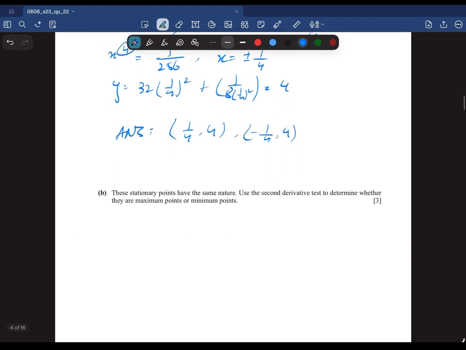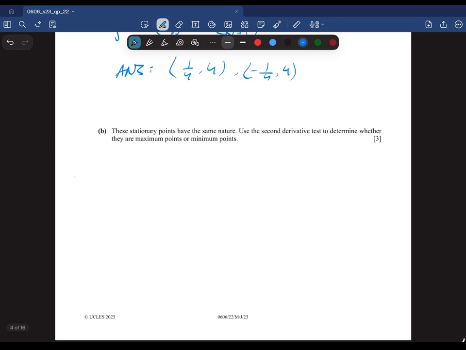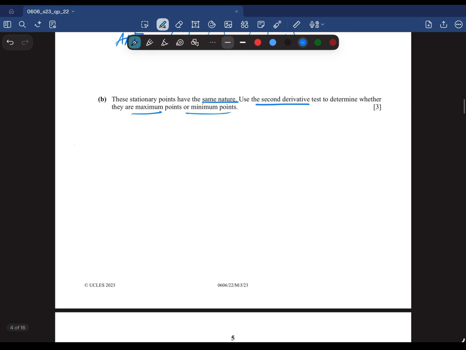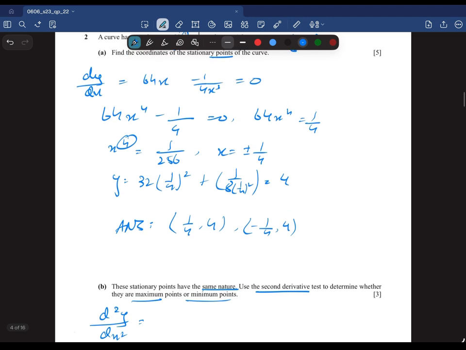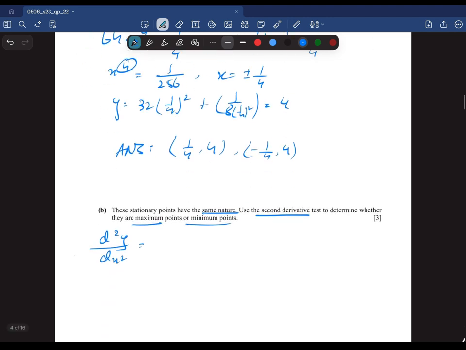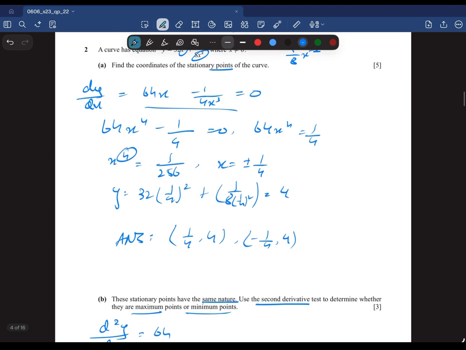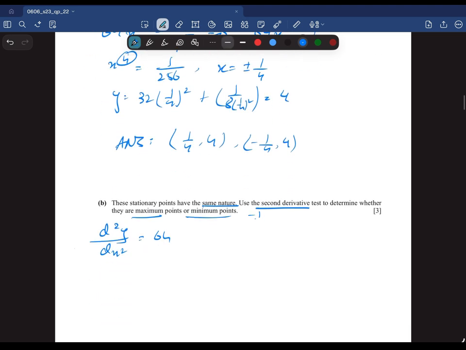There you go. All right, these stationary points have the same nature. Use the second derivative test to determine whether they are maximum or minimum points. All right, we take d squared y upon dx squared, which is the derivative of dy by dx. That'll be 64, and negative 1 upon 4 times x to the power minus 3, you get 1 plus 3 upon 4 x to the power 4.